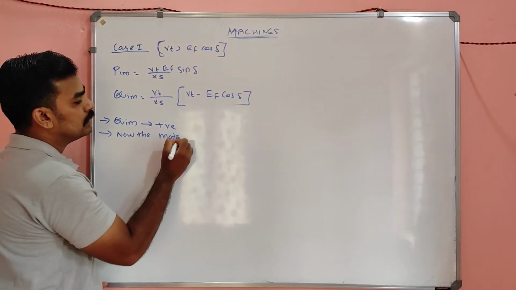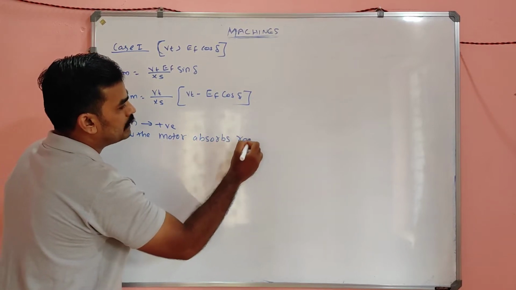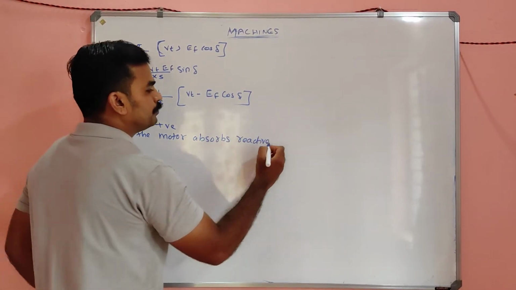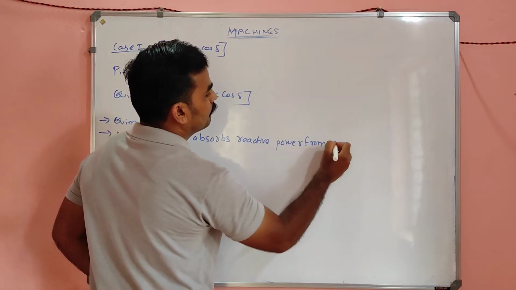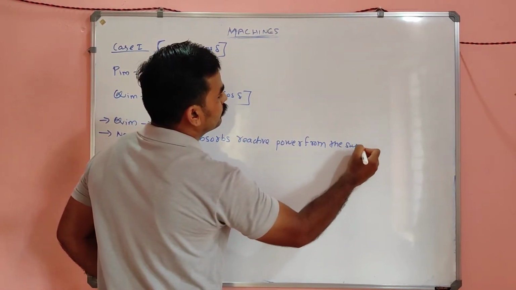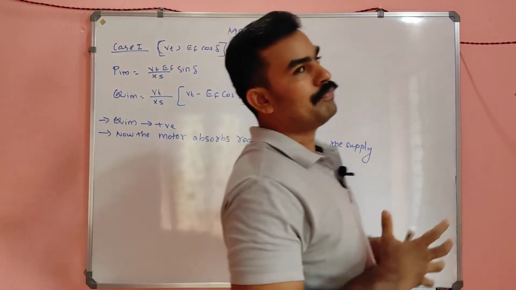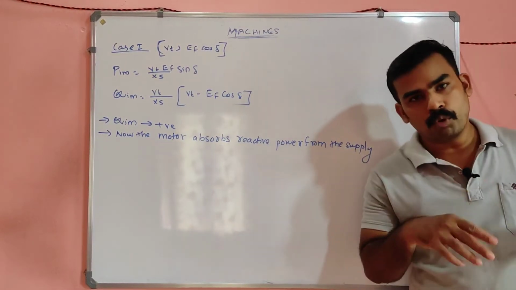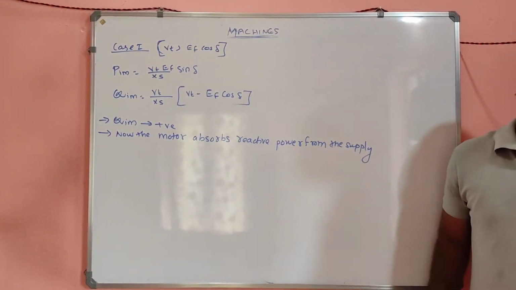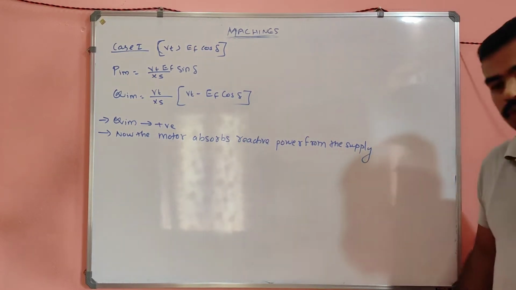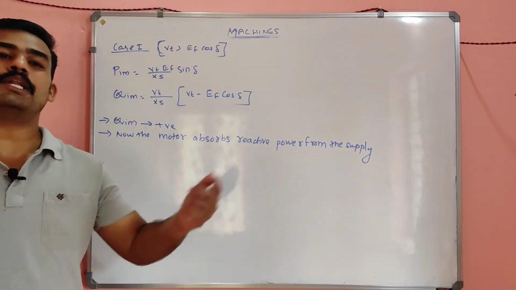If QAM is positive, the motor absorbs reactive power from the supply. I already told you that the power factor of operation of the motor depends upon the supply only, whereas in the case of a generator, the power factor of operation depends upon the load side.